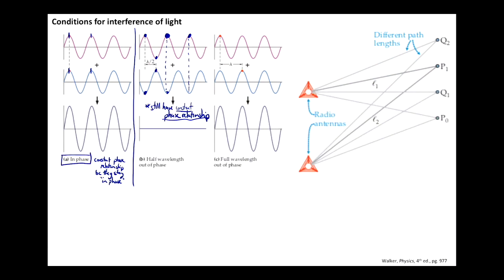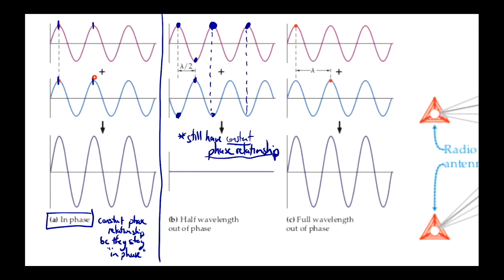Okay, so let's treat this mathematically just a little bit. We're still looking at this phase relationship thing and constructive and destructive interference. Notice, part A there says they're in phase. The peaks perfectly line up, okay? So when I add them together, I get this thing at the bottom, and I don't know if it's drawn perfectly to scale.